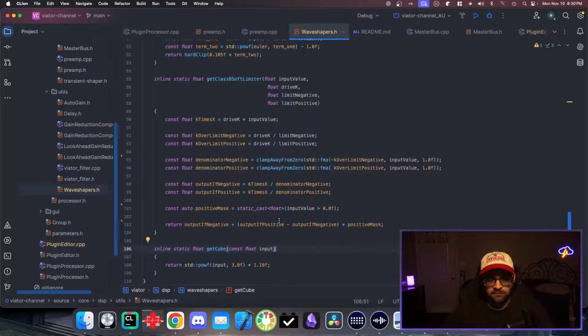Yeah, so we've got this tiny number. We're doing the max of our value input, which is... I don't even remember how this works.